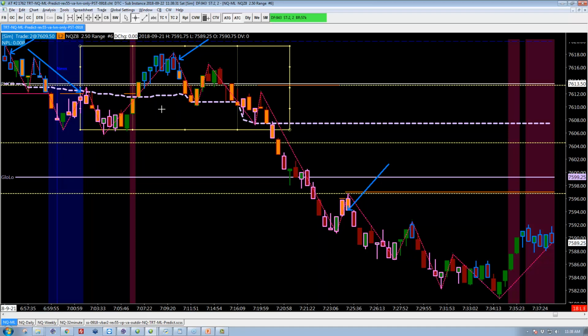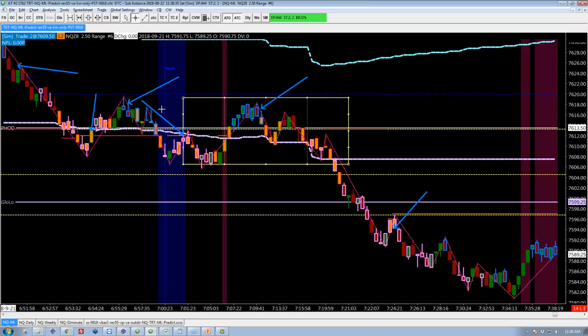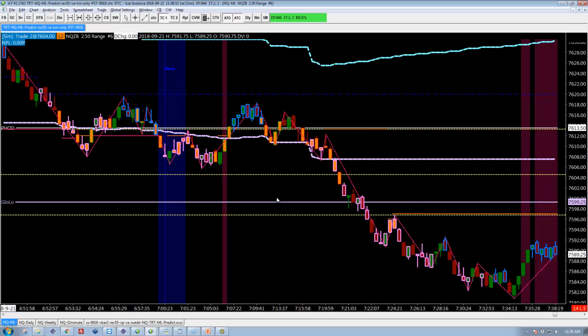Just to give you an idea of what we're talking about, this is actually a really good example. Let me get rid of all these lines first of all. What you can see happening here is the market's moving down.